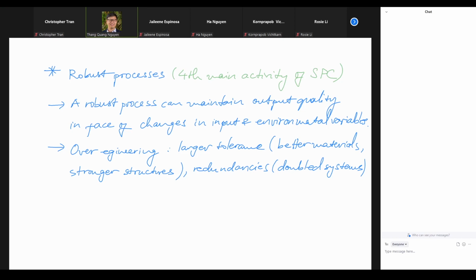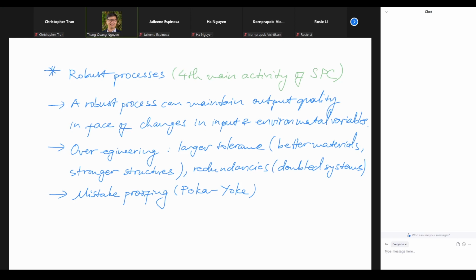The second big group of methods is called mistake proofing, or poka yoke in Japanese. We learn a lot of Japanese words in this module or the next module because a lot of the things we learn come from the Japanese car manufacturers.